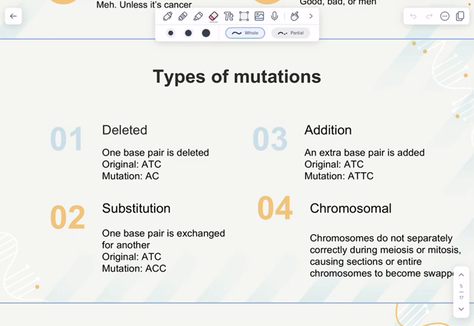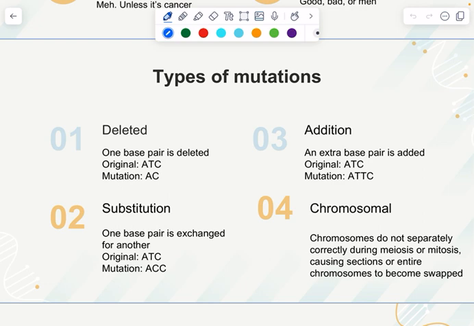All right. Now, we know that mutations are caused by actual errors on the DNA strands or the RNA strands themselves. So here's how that works. There are 4 types. You can have a deletion, which is where one base is deleted, so ATC could turn into AC.